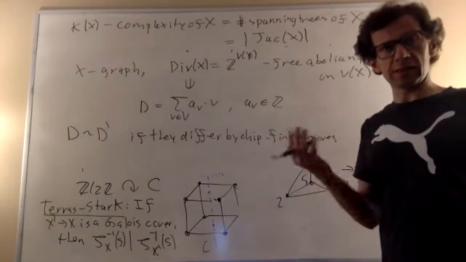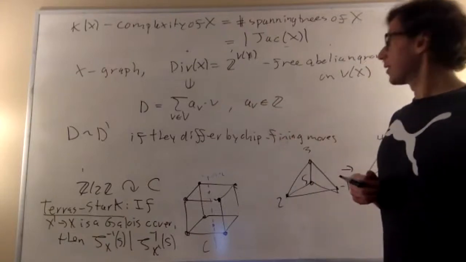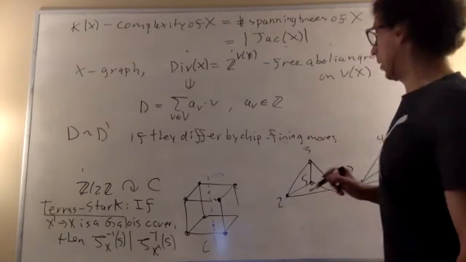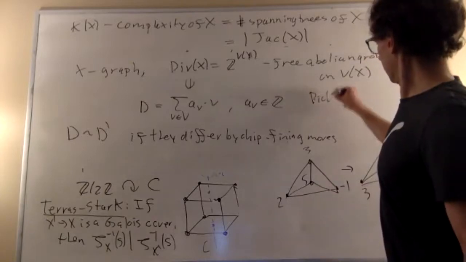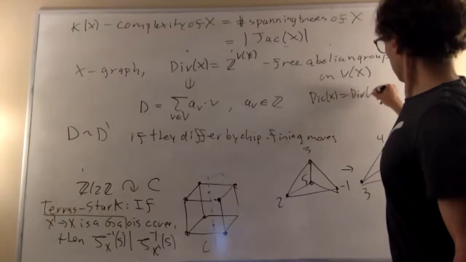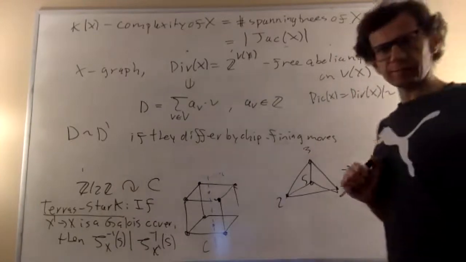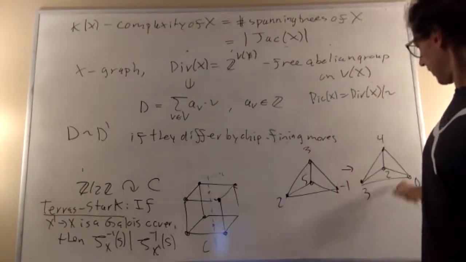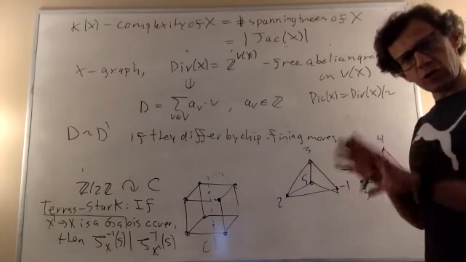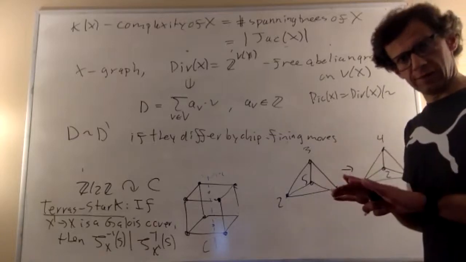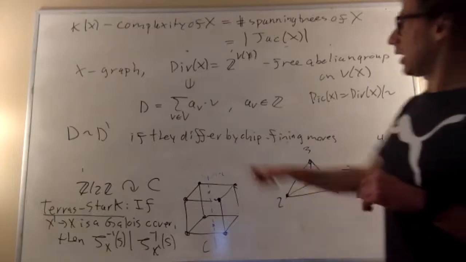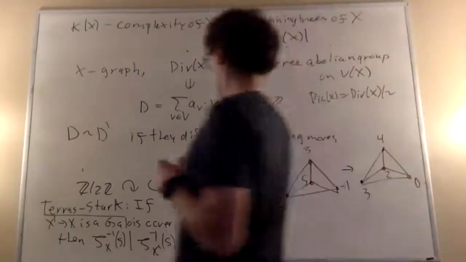You can see easily that it preserves the group operation. So there's a quotient group, which is called the Picard group, modulo equivalence. And then finally, chip firing preserves the total number of chips that you have. So on the divisor group, you have the degree map.